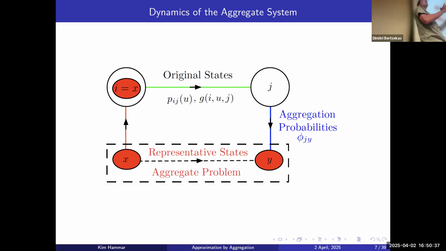The aggregate problem is not the same as the original problem. There is a difference there, even though they share a lot of similarities in that they have the same control space and so forth. But the dynamics are slightly different. So that's why, in general, the cost to go from a representative state in the aggregate problem will be different from the cost to go from the same state in the original problem.